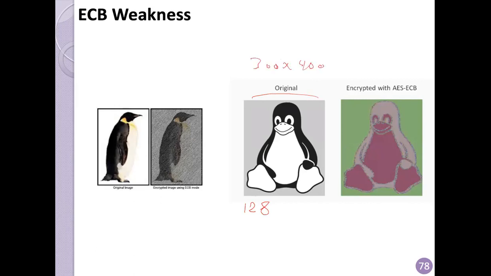If we say each pixel has 8 bits minimum, it's going to be 300 times 400 times 8 bits, which of course is way bigger than 128. So they break it into blocks of 128, and then they applied AES in the ECB mode.